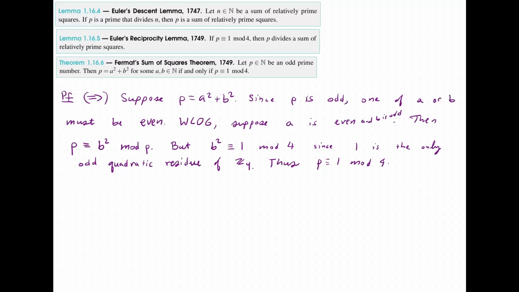So let's do the converse, which is the hard case, but now we've broken it up into these two lemmas, the descent lemma and the reciprocity lemma. Putting those together, we're going to get the result. So suppose p is congruent to 1 mod 4. Well, if p is congruent to 1 mod 4, the reciprocity lemma tells us that p divides a sum of relatively prime squares.